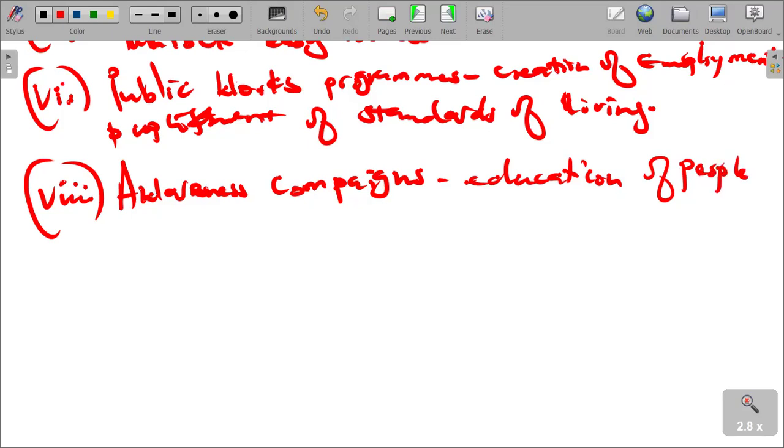People must be educated on safety, in terms of accidents, in terms of evacuation programs and so forth. These are also measures that can be put in place in terms of building a sustainable community.